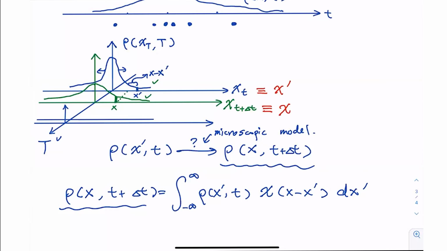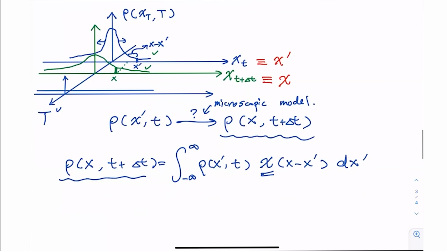And the various probabilities are characterized by the probability distribution function of your system. Once you are able to make this connection, you are able to use the condition that we assumed for the probability distribution function to describe this dynamical process. Okay. So that's the idea.